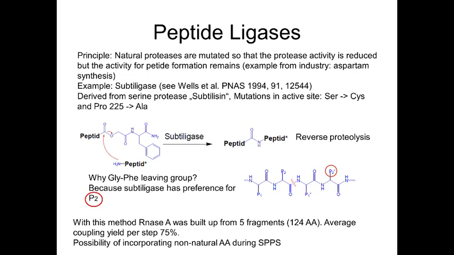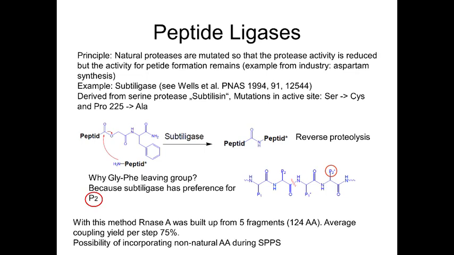So here is a glycine-phenylalanine peptide ester introduced at the C-terminus of the peptide that should be ligated. The glycine-phenylalanine acts as a leaving group, and when you now use subtiligase, a second peptide with a conventional N-terminus can be ligated to the first peptide fragment.